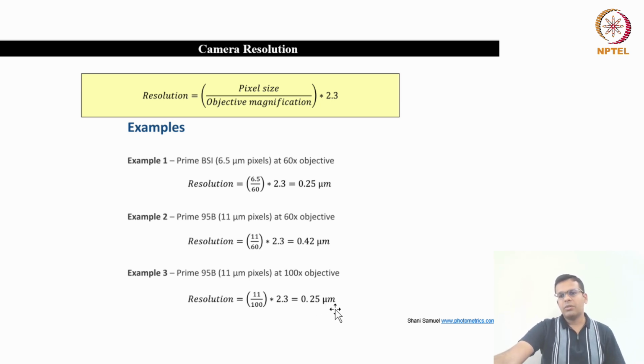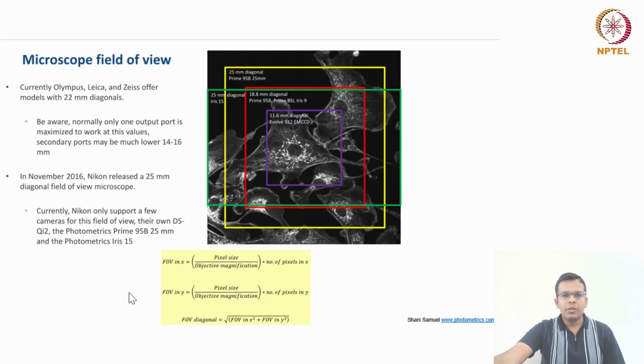So resolution wise, examples 1 and 3 can give you better resolution, but you see for example 1, they have used a 60x objective to match this pixel size, whereas here they have used a 100x objective to match this pixel size.